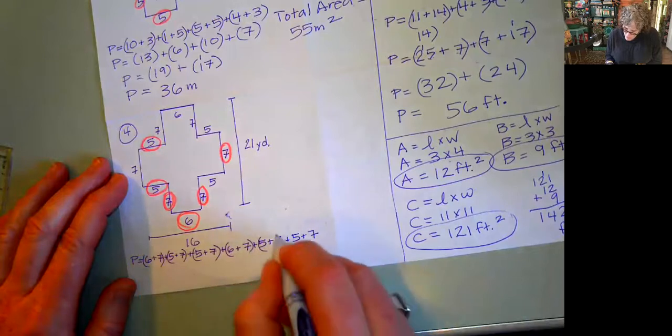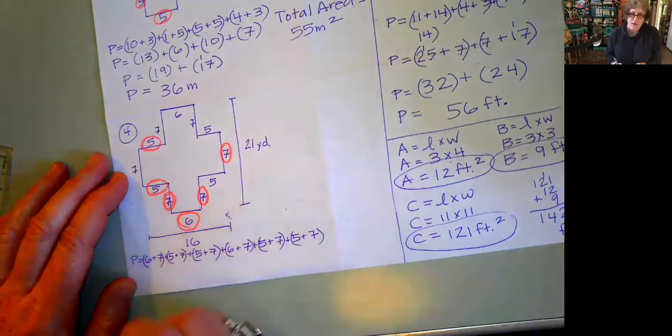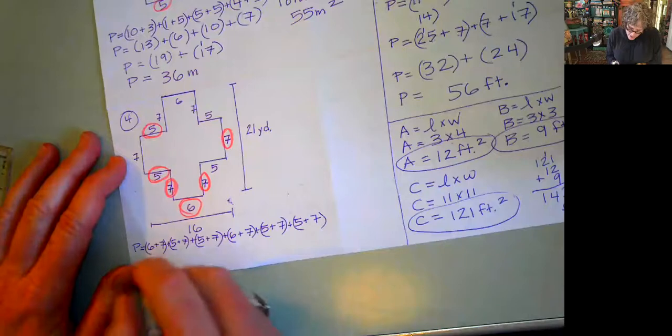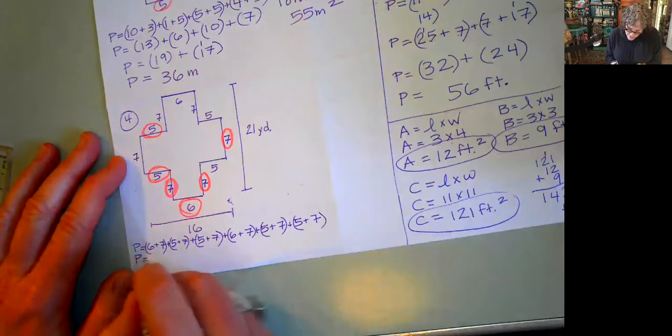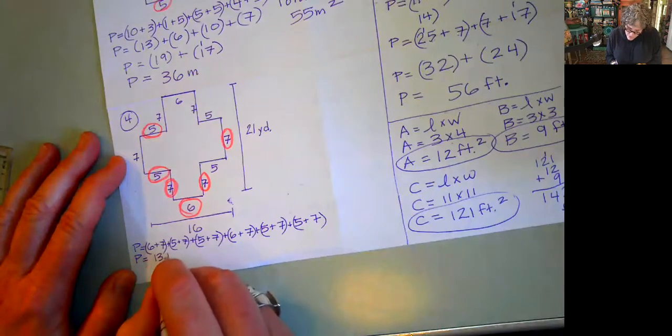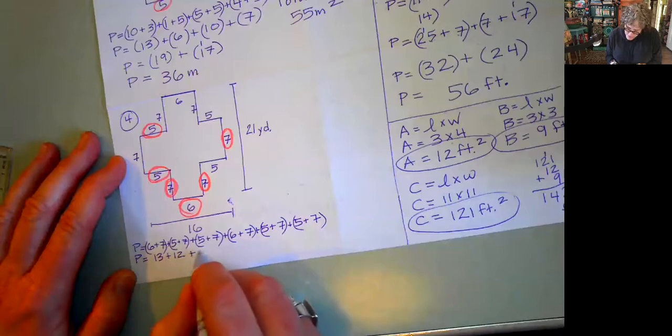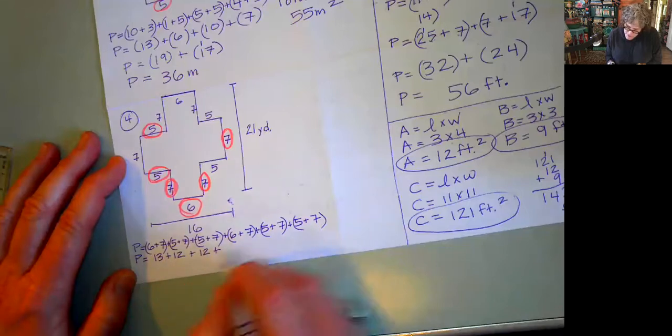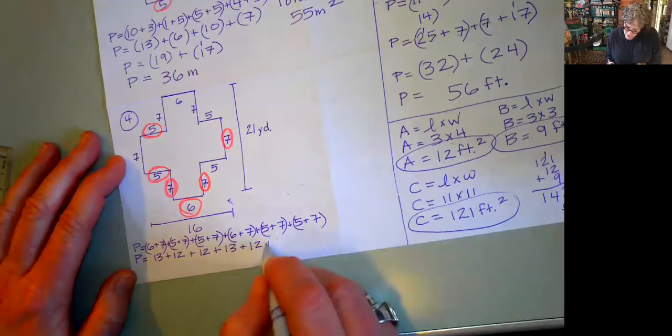Okay, so I know that perimeter equals 13 plus 12 plus 12 plus 12 plus 12.